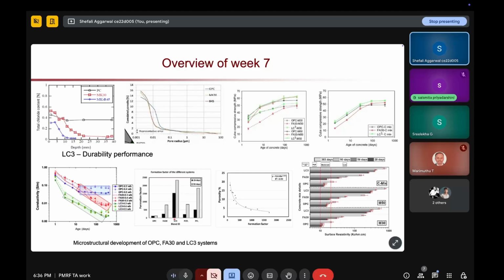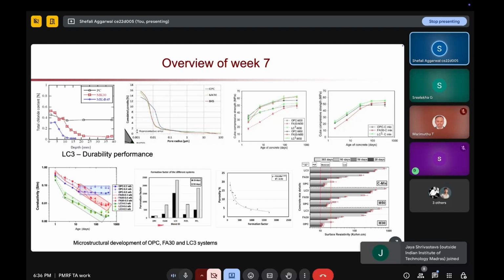If you see here also, your formation factor for LC3 is very much higher as compared to fly ash or other types of concrete systems. Comparing your formation factor with porosity, it is an almost linear graph, decreasing.